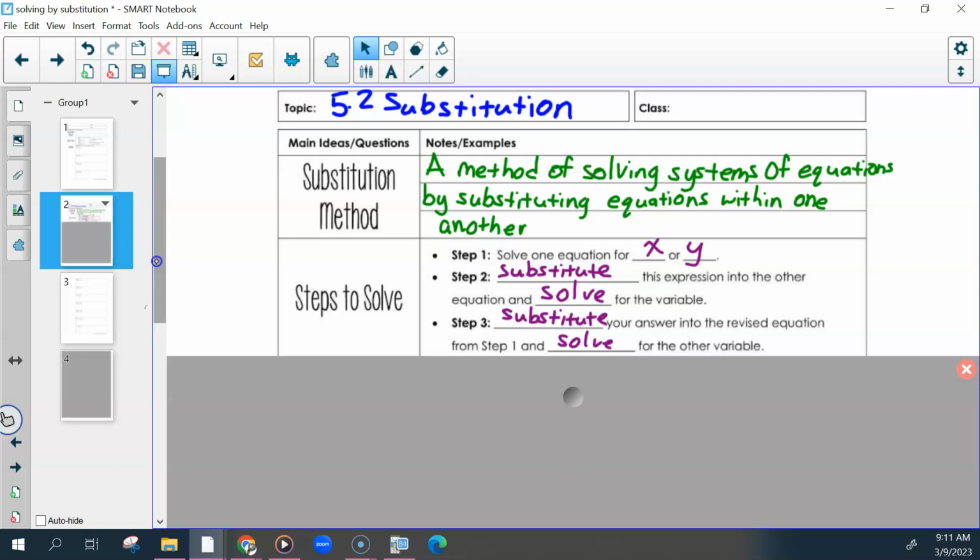This will look somewhat familiar because we kind of did this already. And then the steps: solve one equation for x or y. Substitute this expression into the equation and solve for the variable. Substitute your answer into the other equation from step 1 and solve for the other variable. So it's a lot of solve, substitute, solve, substitute.